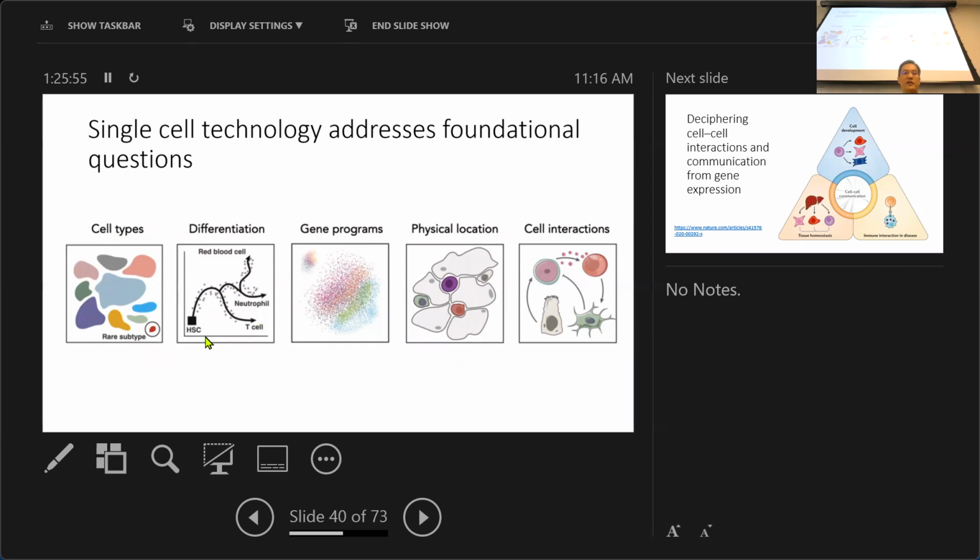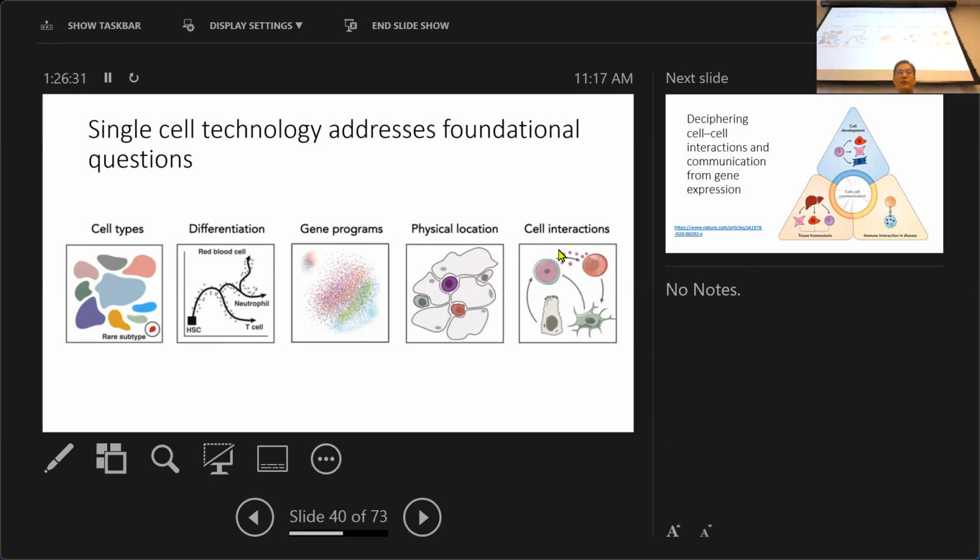We will discuss differentiation, where we follow the trajectory and build pseudo time analysis. We can identify specific gene programs. And in the spatial transcriptome, we have the physical location of different cell populations. I will show you later how we can take advantage of these known positions to study whether cells that have physical contact behave differently from cells that do not.